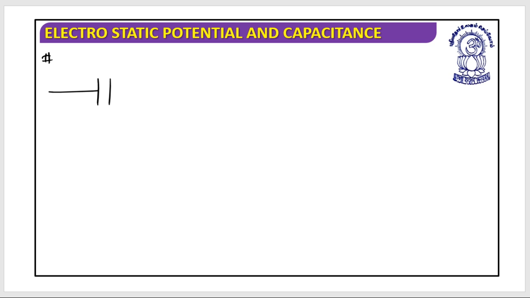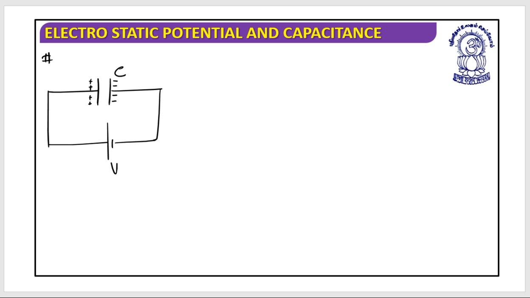Suppose this is the capacitor, and initially it is an uncharged capacitor. It has been connected with a certain battery. This is capacitance C, this is battery V. After some time this capacitor starts charging itself, and let's say now it is completely charged.